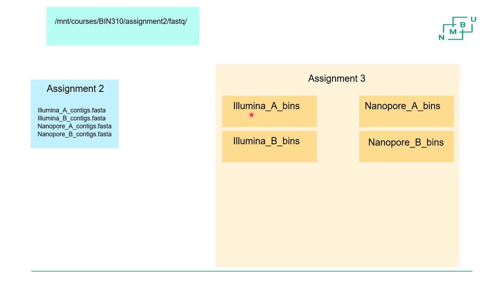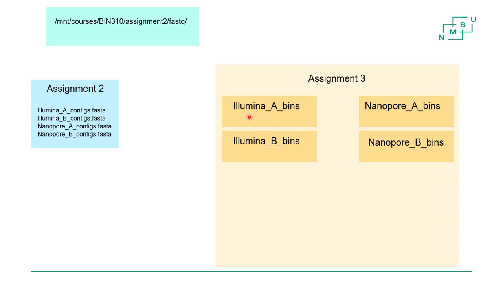You can do more or less the same in all 4 cases with some variations, right? Because here you need to use Bowtie, these are Illumina data, right? These contigs are based on Illumina data. And then you must go up here to see where the reads from sample A are, right? For your data set. Take those reads, map to the contigs in here using Bowtie. This is module 8 stuff.